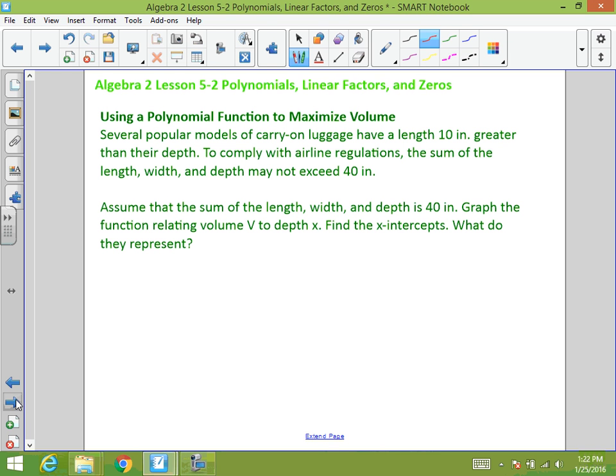So the first thing we have to do is define some variables. We know that the volume of anything, when it comes to luggage, is rectangular. So it's a rectangular prism. The volume of a rectangular prism is depth times length times width, or length times width times height, however you want to define it.